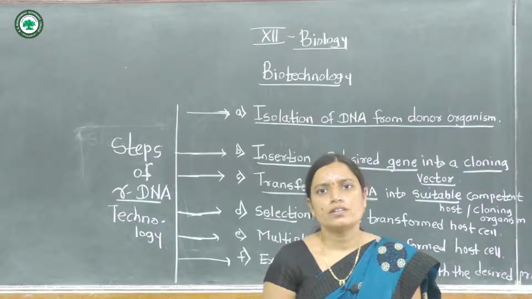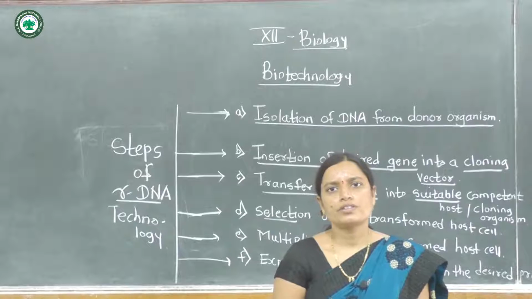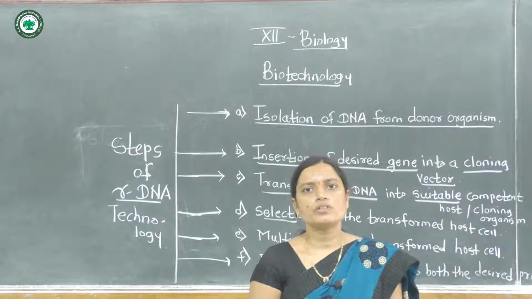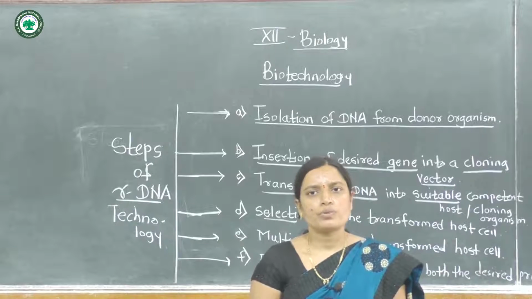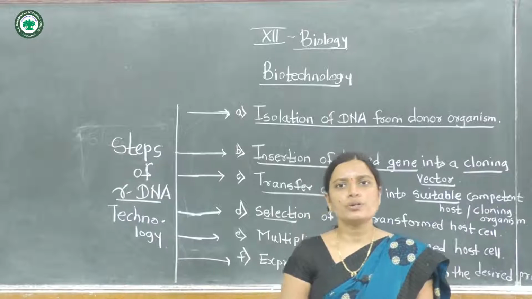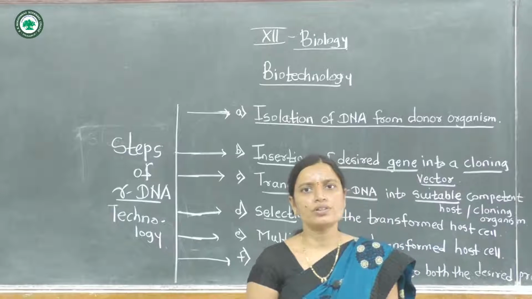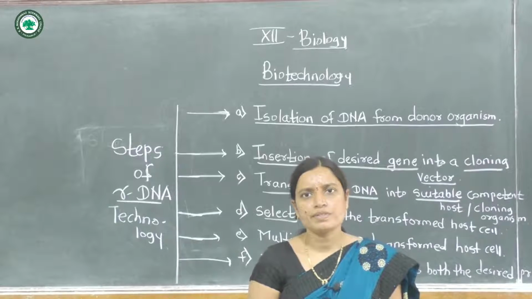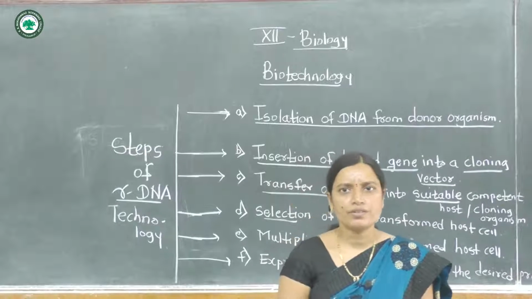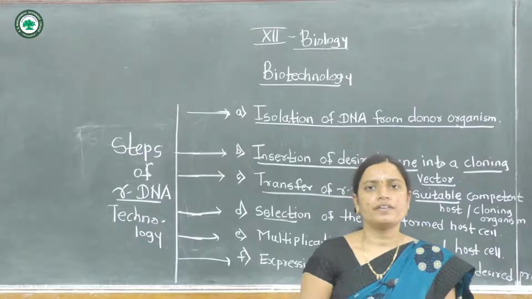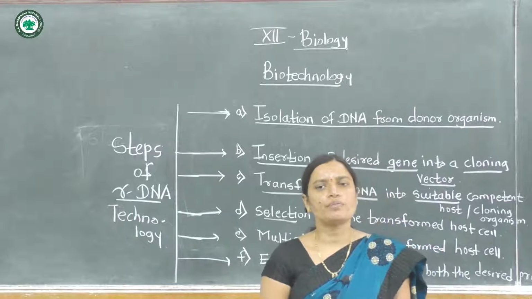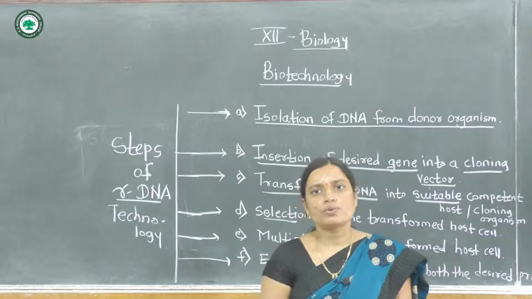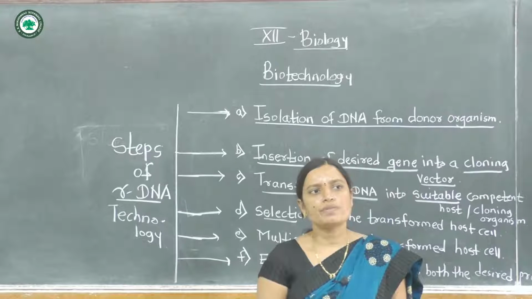Hello friends, in the previous lecture we discussed the biological processes and some biological tools. Now, among these biological tools, the first are enzymes, and vectors or cloning vectors are also very important tools for these processes.